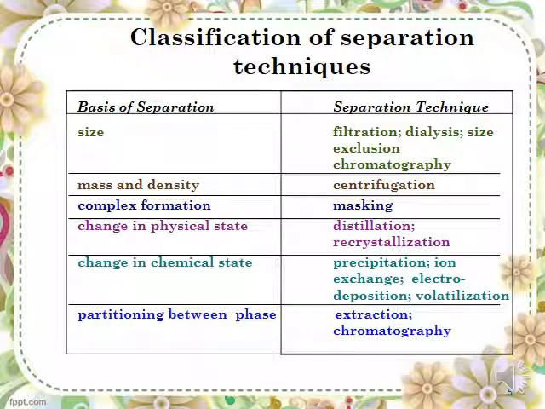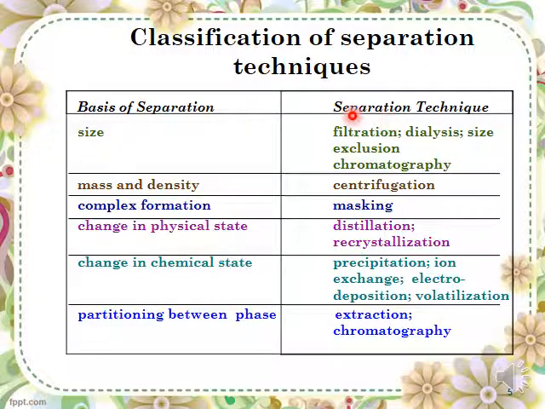Here we will look at different classifications of separation technique. Let's say if you want to separate based on size, these are the techniques that you can use. If you want to separate based on mass and density, the technique will be centrifugation. For example, size filtration, you did it in practical class.